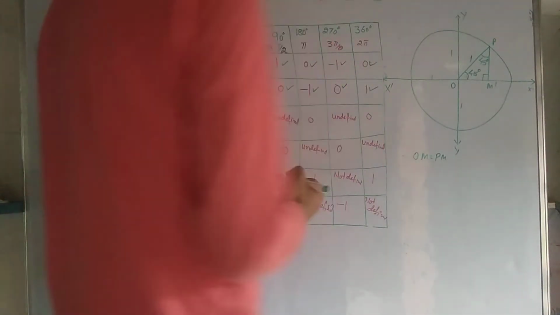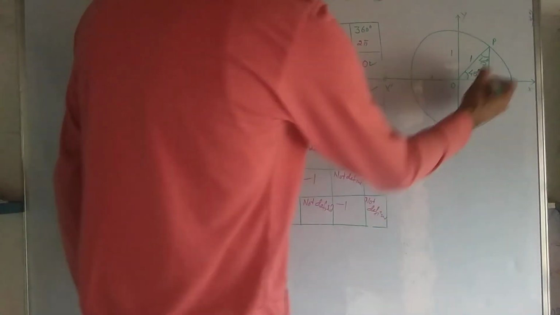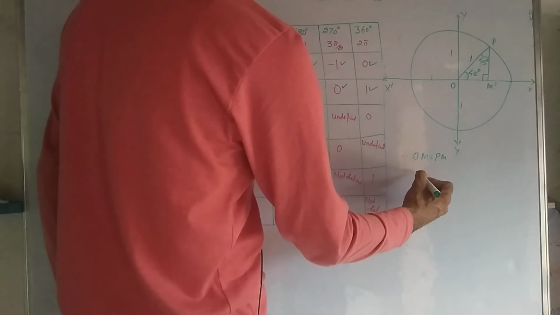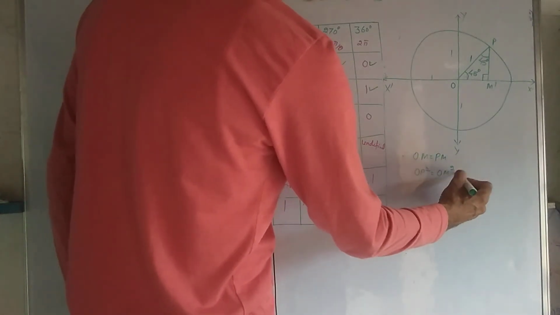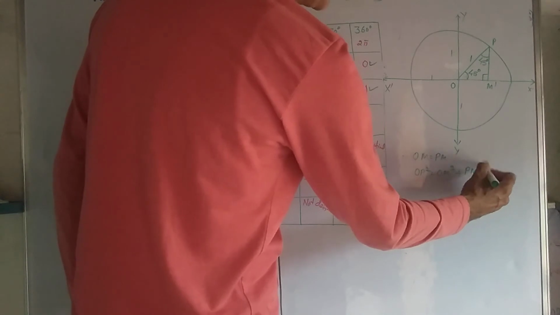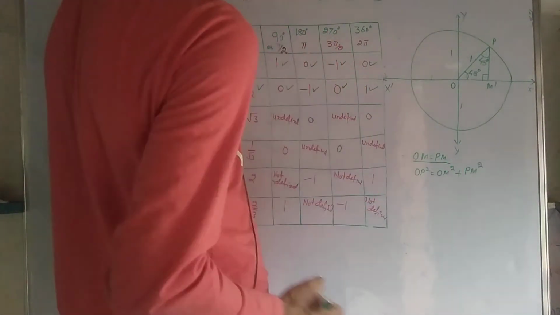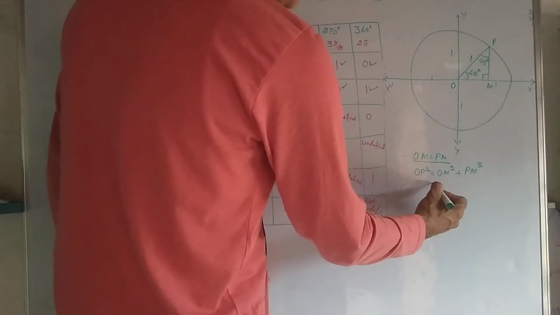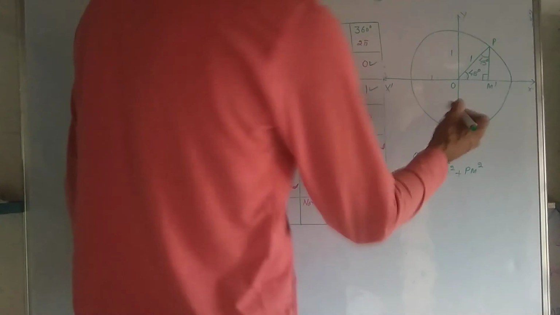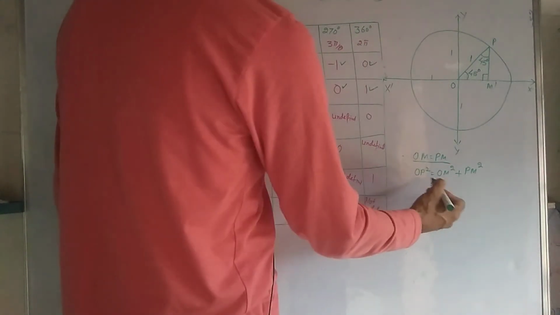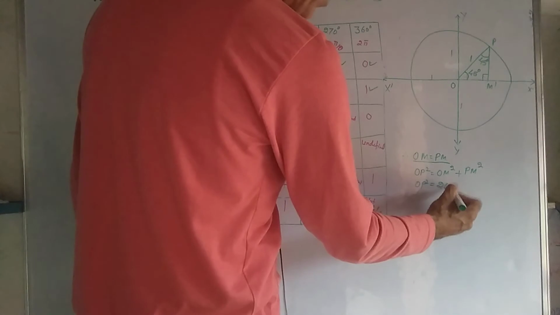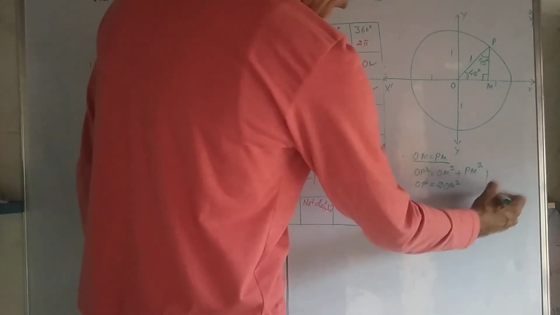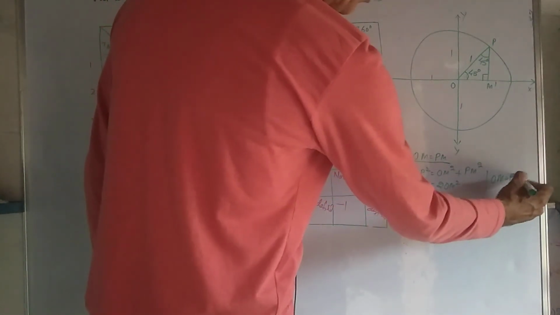This triangle is an isosceles triangle, and also a right angle triangle. Therefore OP square is OM square plus PM square. Since OM is equal to PM, OP square is equal to twice OM square.